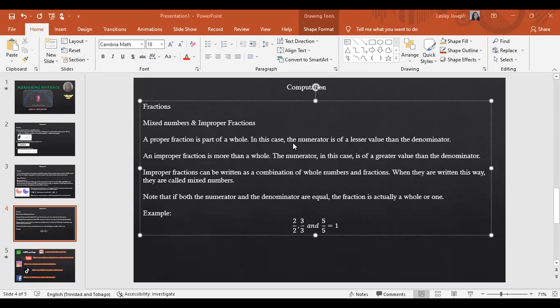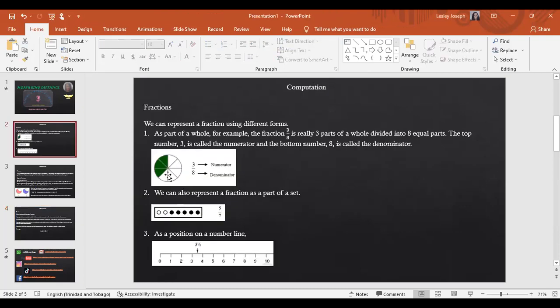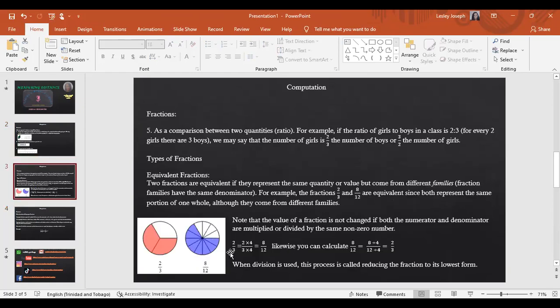Some examples of proper fractions that we did previously in class are 3/8, 2/3 and 8/12. These are proper fractions because the numerator is less than the amount the whole is divided into. For instance, 8/12 means that 8 of the 12 parts are shaded and what we're working with.